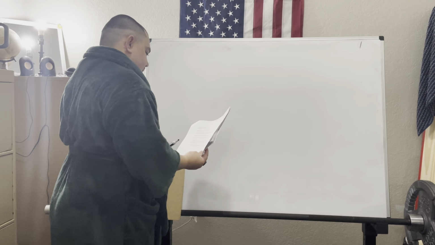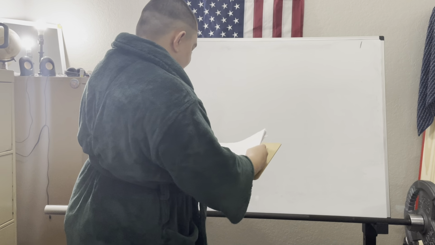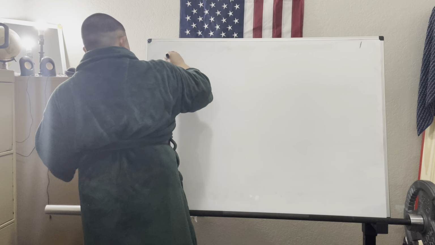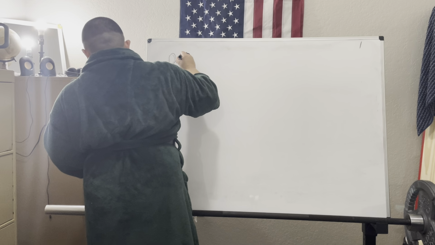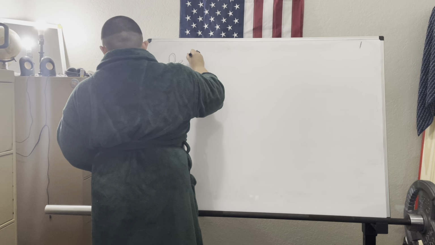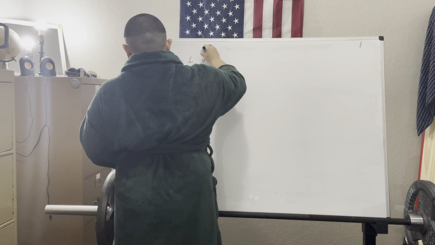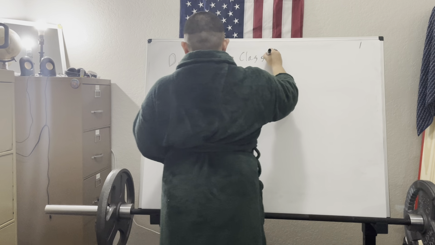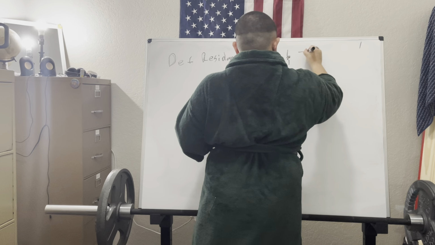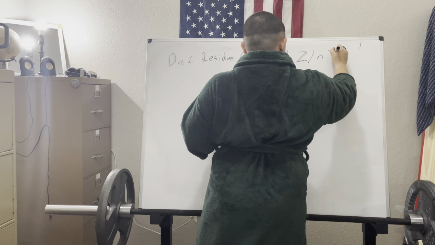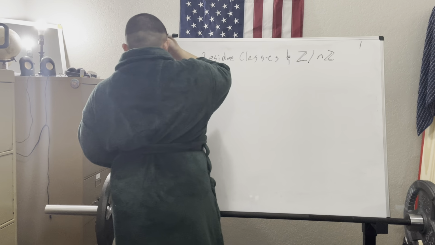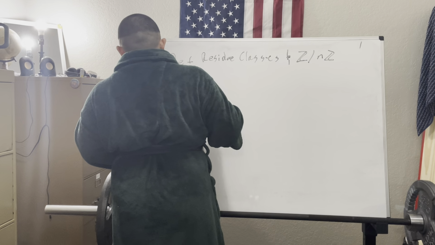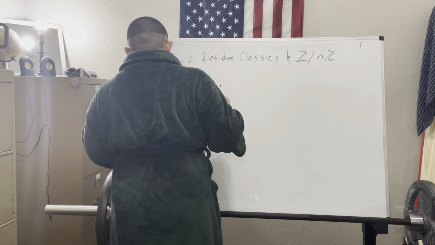Now, let's talk to the thing of more major abstraction, which is residue classes. About that funny little piece of notation we had there at the beginning. So, residue classes, and the set of all residue classes, Z modulo n.